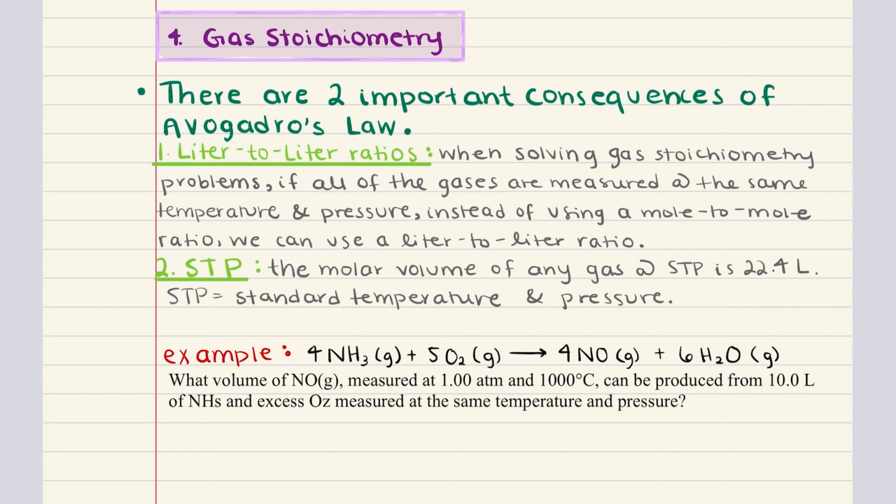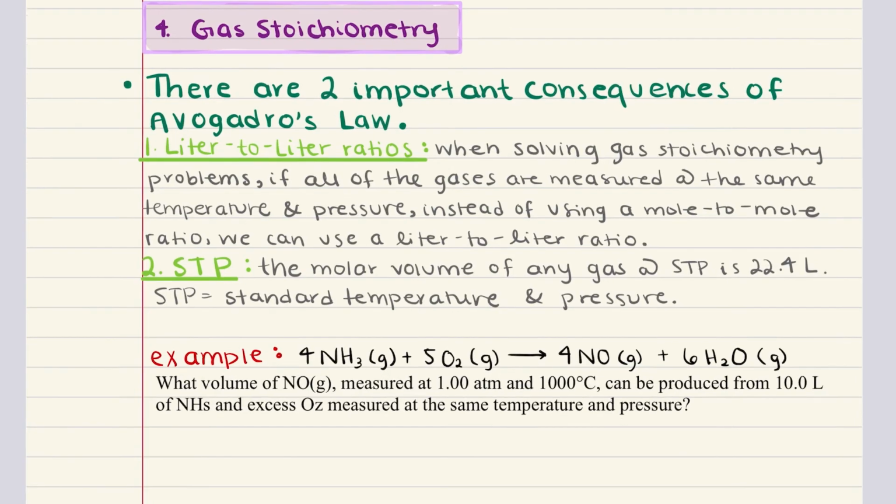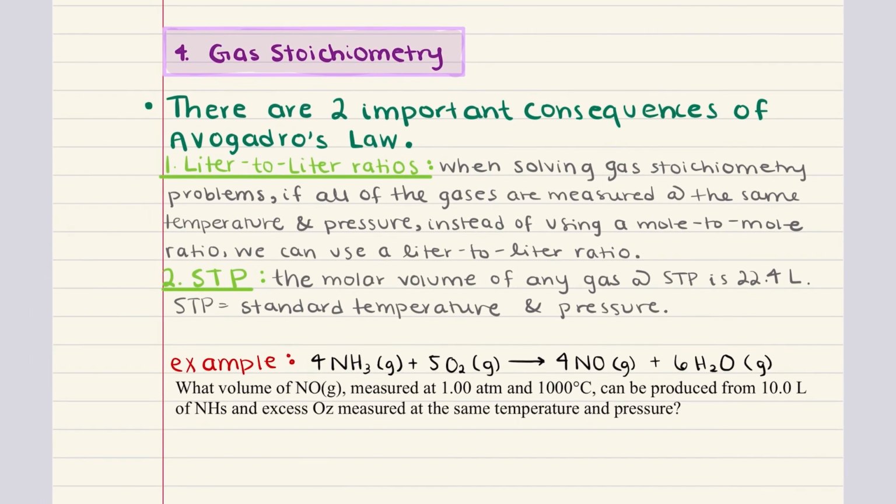Here, we're going to revisit Avogadro's law, and there are 2 important consequences of Avogadro's law. First, when solving gas stoichiometry problems, if all of the gases are measured at the same temperature and pressure, instead of using mole-to-mole ratios, we can use liter-to-liter ratios.